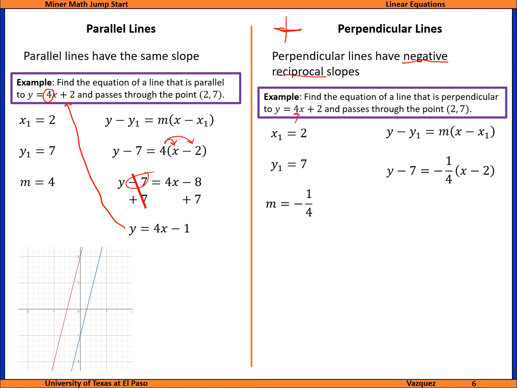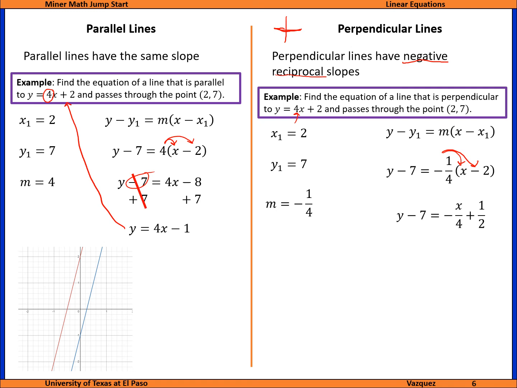Now we're just plugging in. Again, we have the same information. y minus 7 equals negative 1 over 4 times x minus 2. And again, just a matter of simplifying, we'll distribute: negative 1/4 times x is negative x over 4. And negative 1/4 times negative 2 is positive 2.